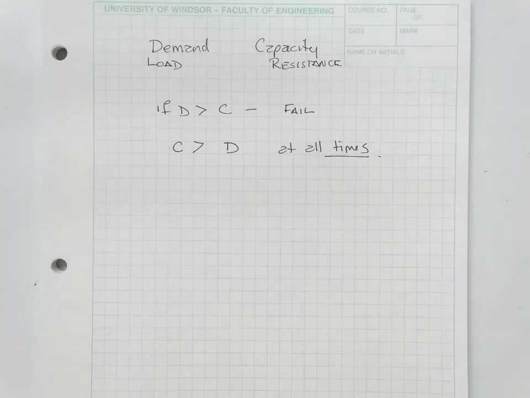How else could it fail? It can fail in strength. What's the other property we care about? Right. What does a failure in stiffness mean? Let's go back to my wood example.